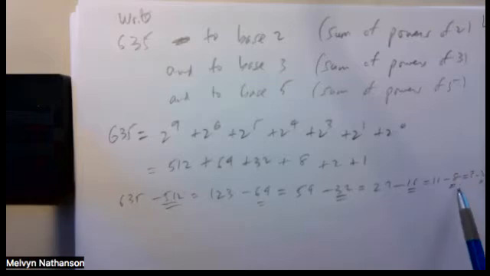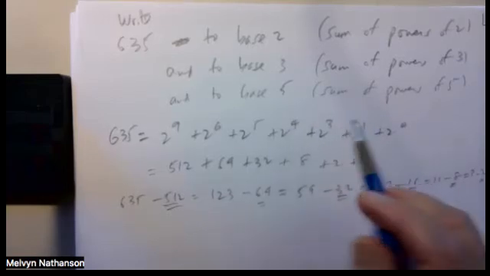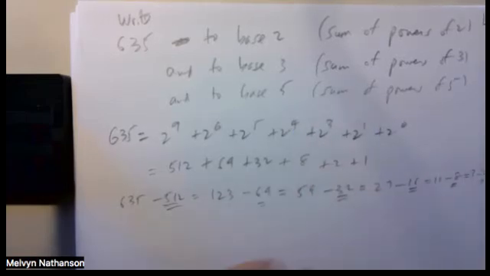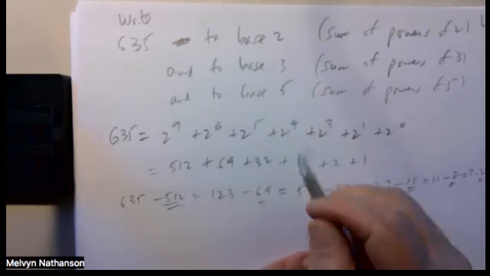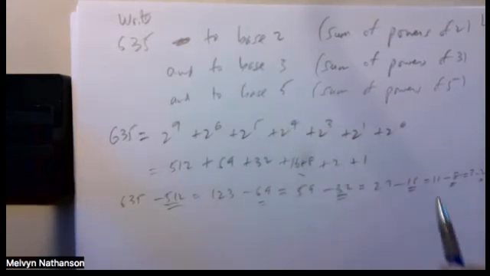I have a 16 in there. So I have 512, add 64, add 32, add 16. Oh, that's my mistake. I forgot the 16. Yes, what you said was exactly right. I just forgot that guy. Plus 16 plus 8.